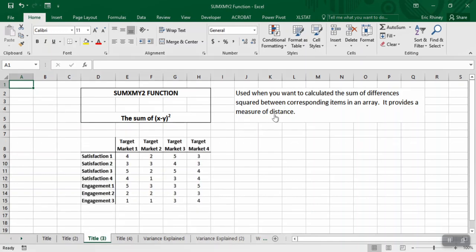Here we have an array with various target markets that are measured on different variables.